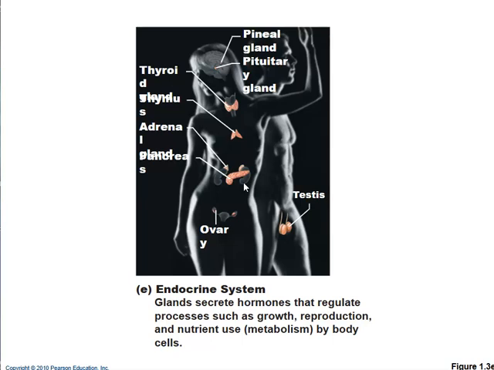Whereas the nervous system happens very rapidly and quickly, but is usually not permanent. So the endocrine system is going to release growth hormones. It's going to make all your bones grow long and stuff like that. That happens over a long period of time. And then you reach a point in time and it stops.